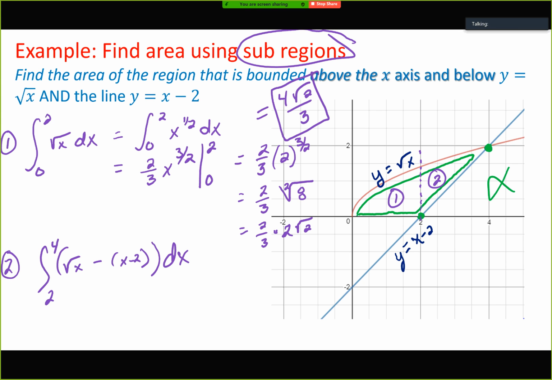This one we could integrate by hand. So this would be 2/3 x raised to the 3/2 minus 1/2 x squared. And then it's a negative of a negative, so this is really plus 2x, evaluated from 2 to 4.